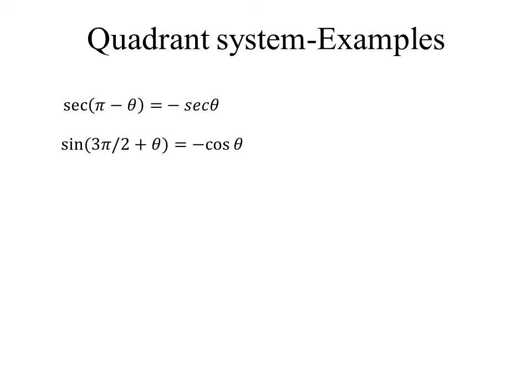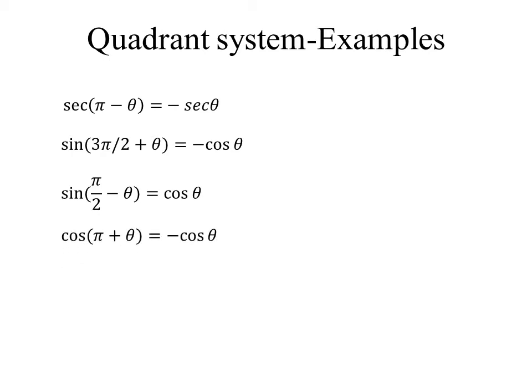Here the basic function is sine, so it becomes negative: minus cos theta. Next, sine of pi by 2 minus theta, multiple of pi by 2, so sine changes to cos, and pi by 2 minus theta is in the first quadrant. In the first quadrant, all are positive, so plus cos theta.